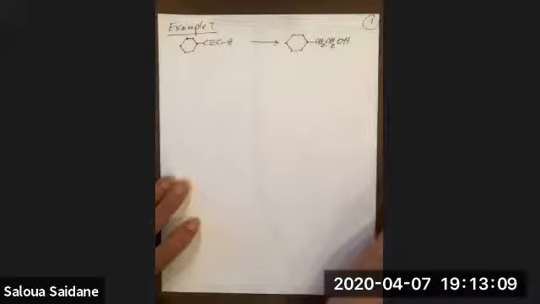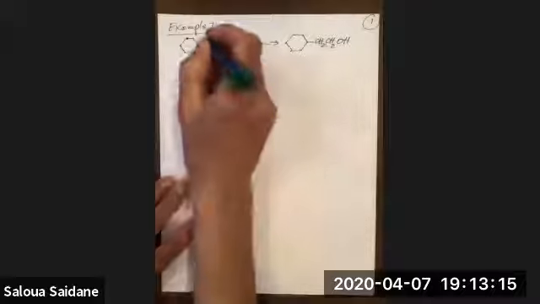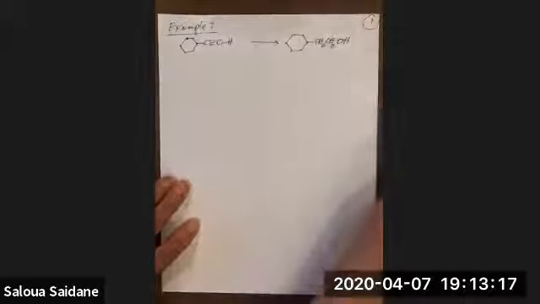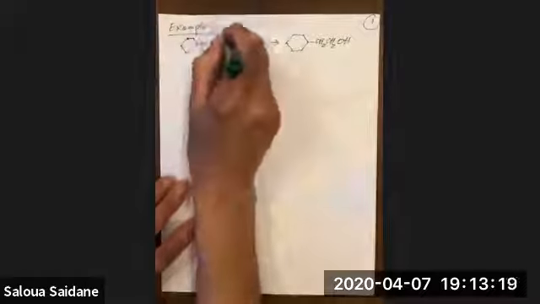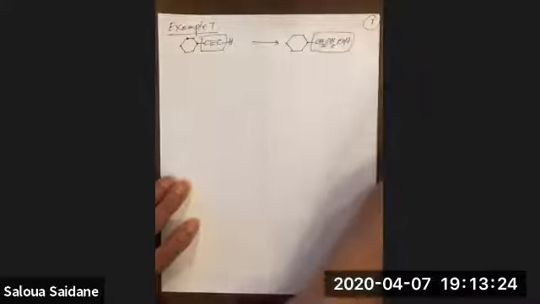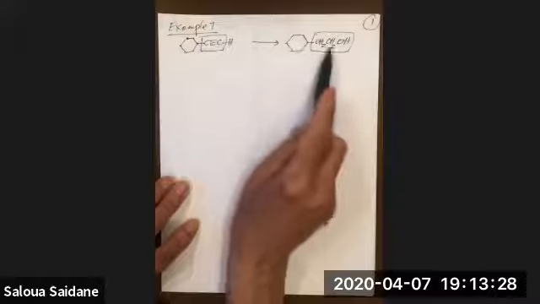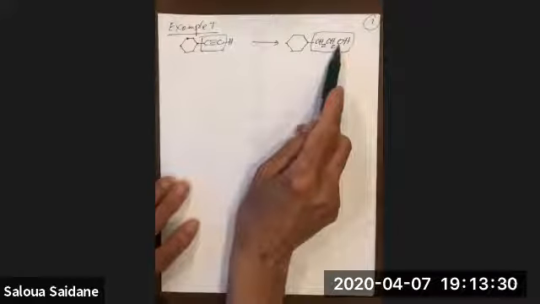So if we pay attention to the number of carbons, we have the same number. So it looks like this portion right here became this. So basically, the alkyne turned into an alcohol.